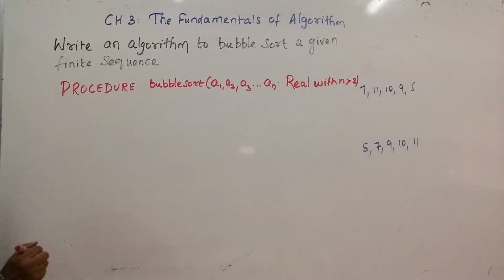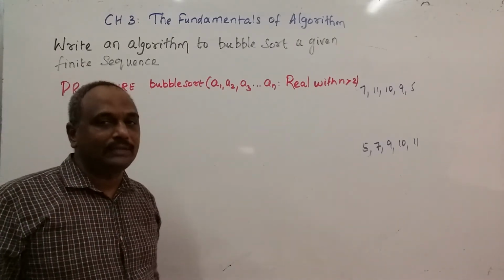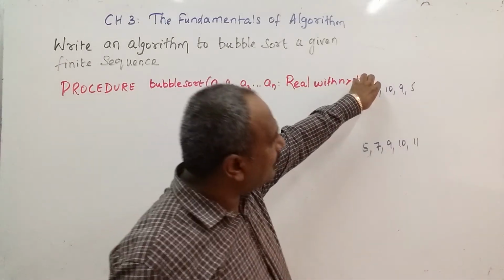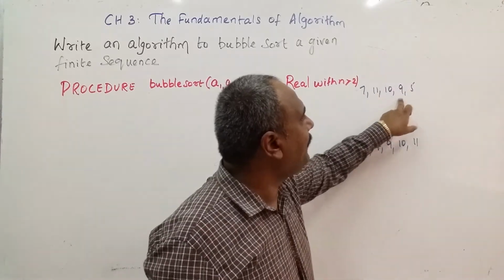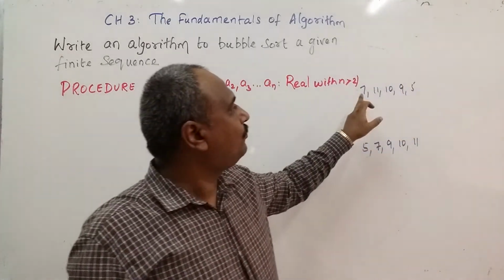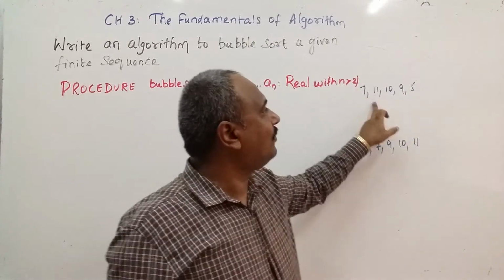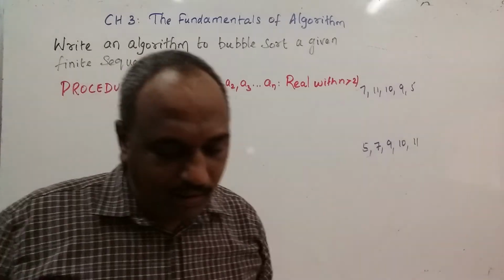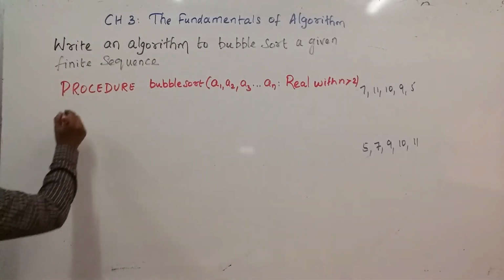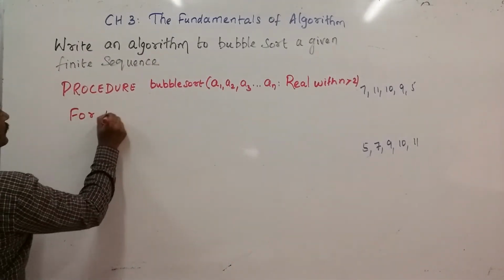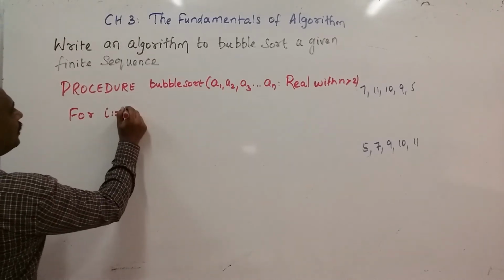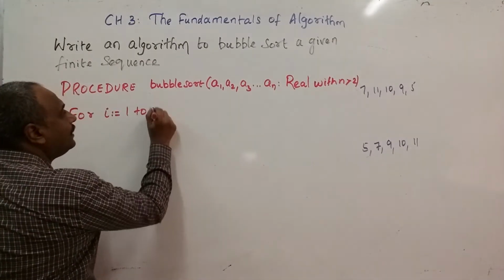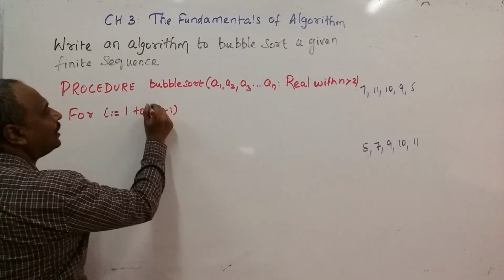Here we need 2 sets of loops. For the first set of loop, we compare the overall, and for the second, we compare the intermediate. So I am going to define for i equal 1 to n minus 1.